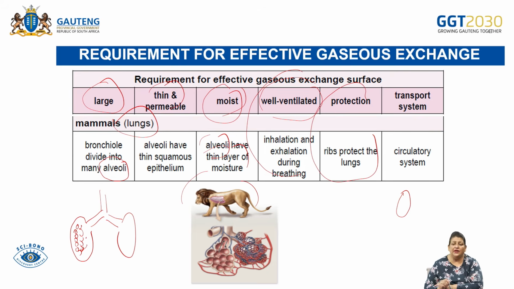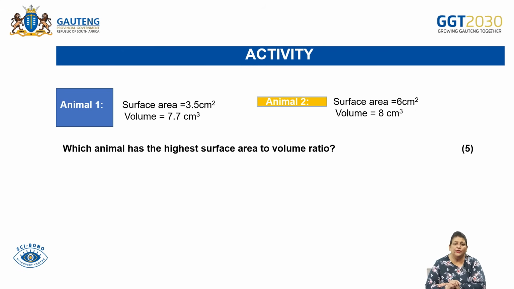Because we are multicellular and complex, our lungs are very well protected by the rib cage. We also have a heart to take the oxygen from the lungs and pump it to the cells, and we also have our blood that takes the carbon dioxide from the cells and pumps it to the lungs.